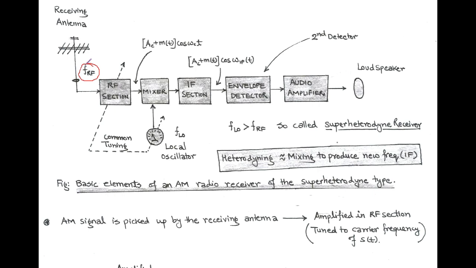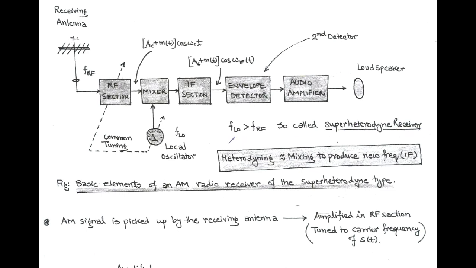This radio frequency is passed to the RF section for amplification. This RF section has a common tuning with the local oscillator that generates the locally generated frequency F suffix LO. The output of the RF section and the local oscillator frequency is given to the mixer. Here the frequency of the local oscillator is adjusted high with respect to radio frequency, hence it is called a superheterodyne receiver.